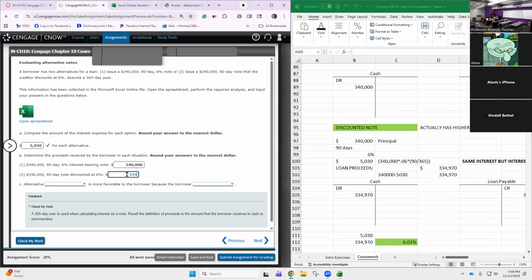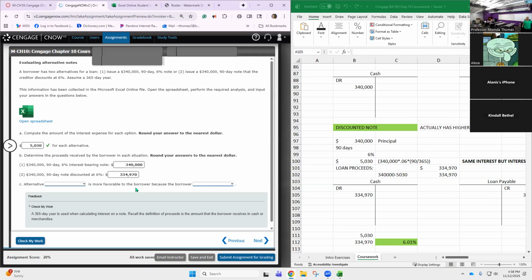Discounted notes sometimes are for businesses whose credit isn't so great, so they take the interest right off the top of those loan proceeds. But with an interest-bearing note, you get the whole face to go spend money at your business.